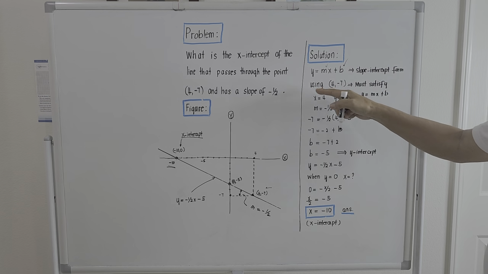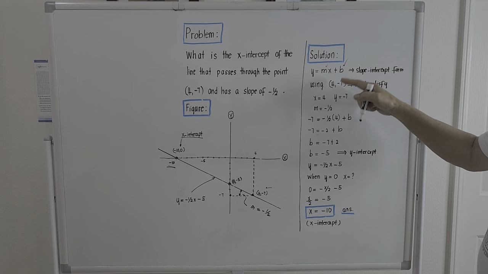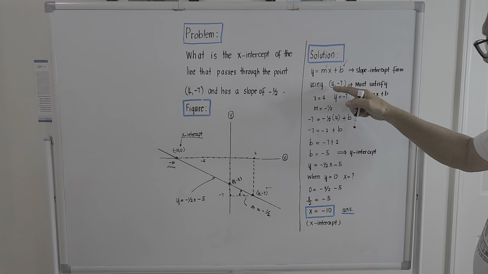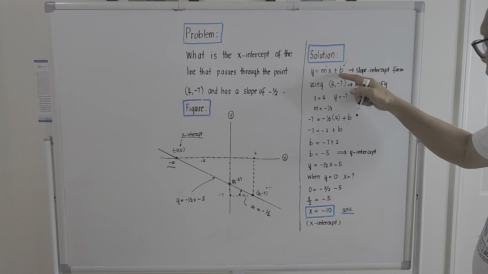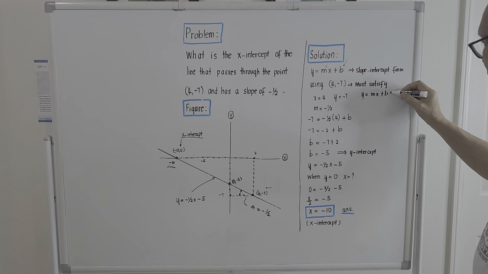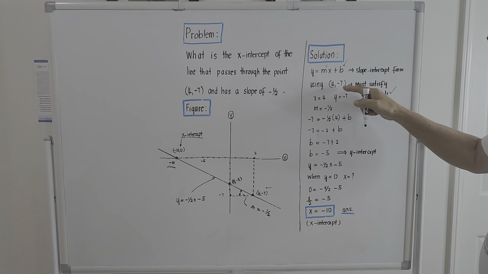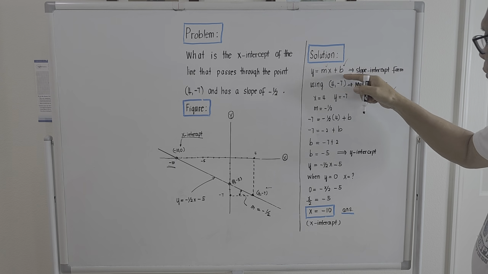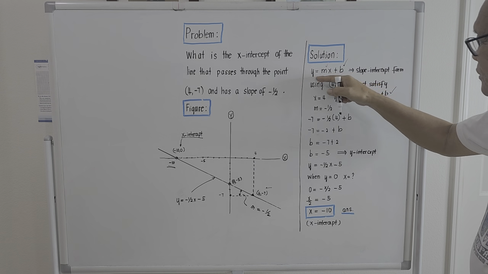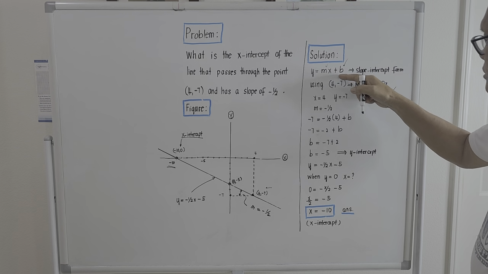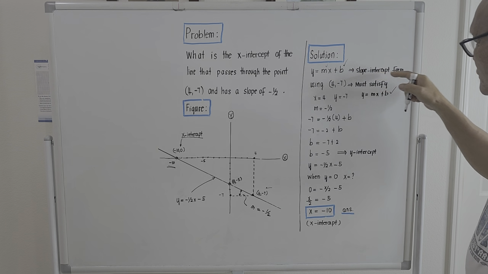Using the point 4 and negative 7, the coordinates 4 and negative 7 must satisfy the given slope-intercept form. Since this point is on the required line, its x and y should satisfy the slope-intercept form.